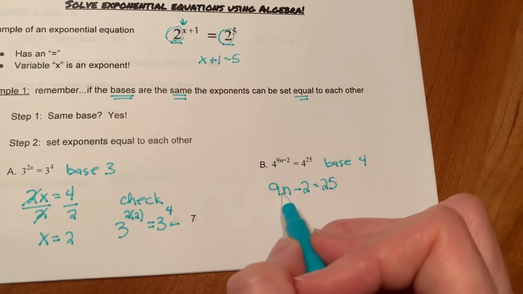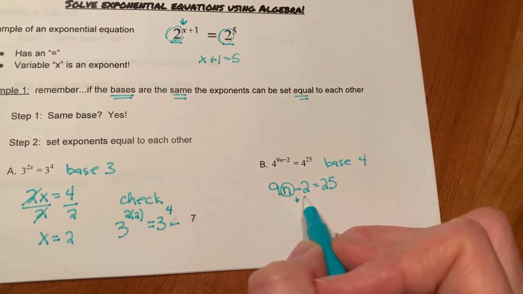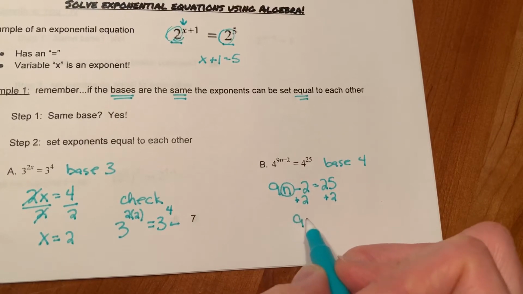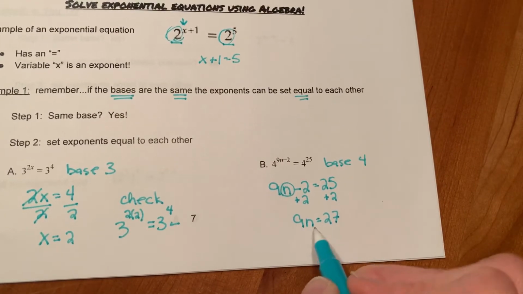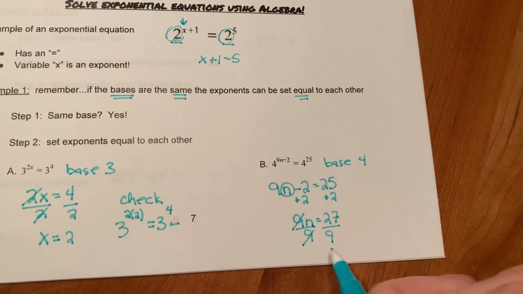And then solve for, in this case, n. So I want to undo addition and subtraction first. I'm going to add 2 to both sides, and I'm going to get 9n equals 27. Undo multiplication by dividing. 9 divided by 9 is 1, so 1n equals 3.